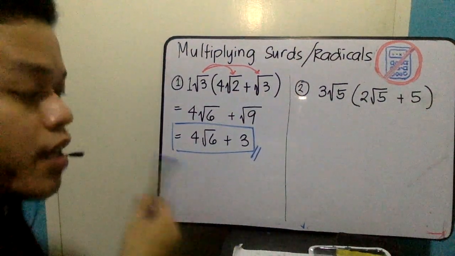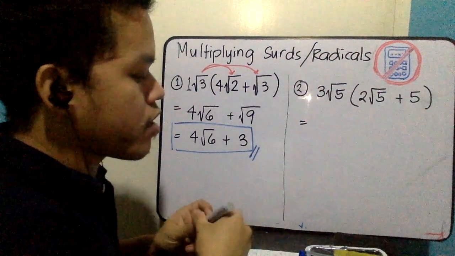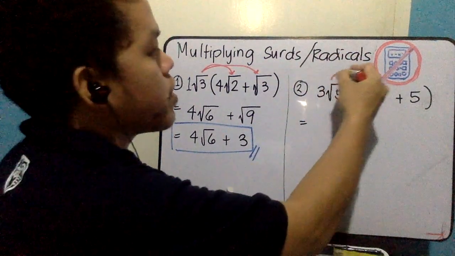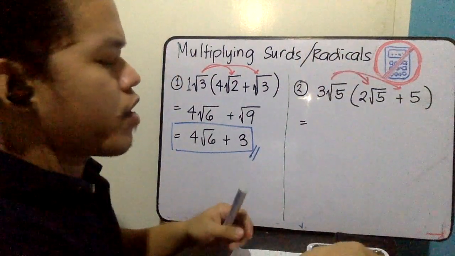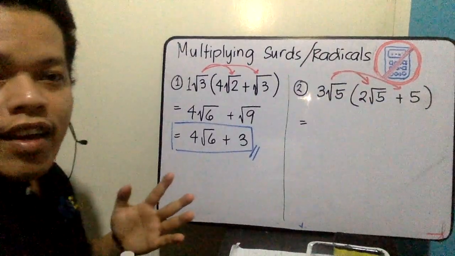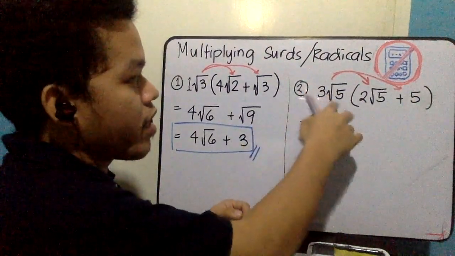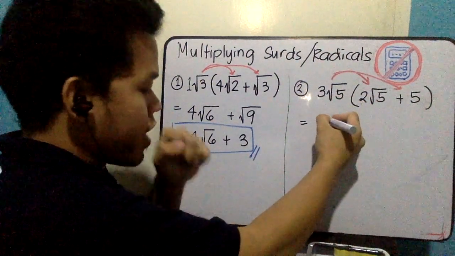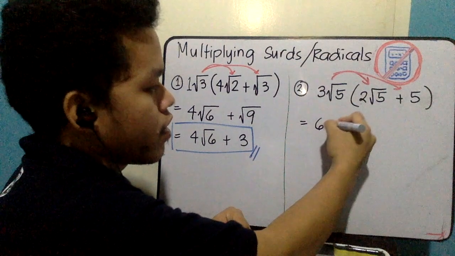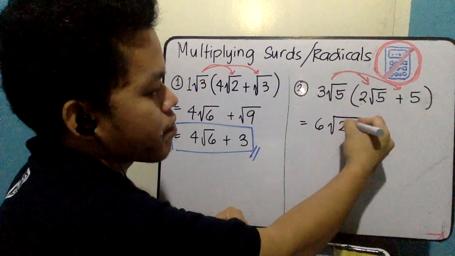Now, let's observe the second example. In the second example, you can also use the distributive property. Observe that you multiply numerical coefficient to numerical coefficient and radical to radical, or surd versus surd. So 3 times 2 will give you 6, and the square root of 5 times 5 is equal to 25.